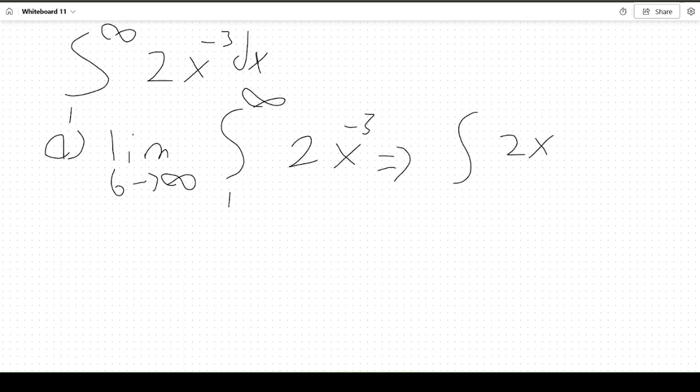So let's integrate this. This will be x to the power negative 2 over negative 2. We could cancel out the 2's. This will be negative x to the power negative 2, and we can rewrite this as negative 1 over x squared.